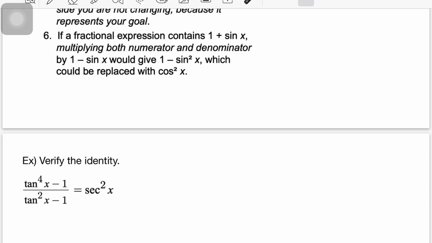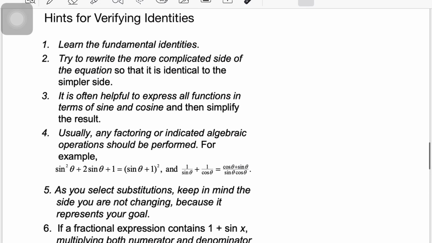Now, the most important thing to do when we're verifying identities, I think it says it in this step here, is to try to rewrite the more complicated side of the equation, and then make the more complicated side equal to the simpler side through simplification.